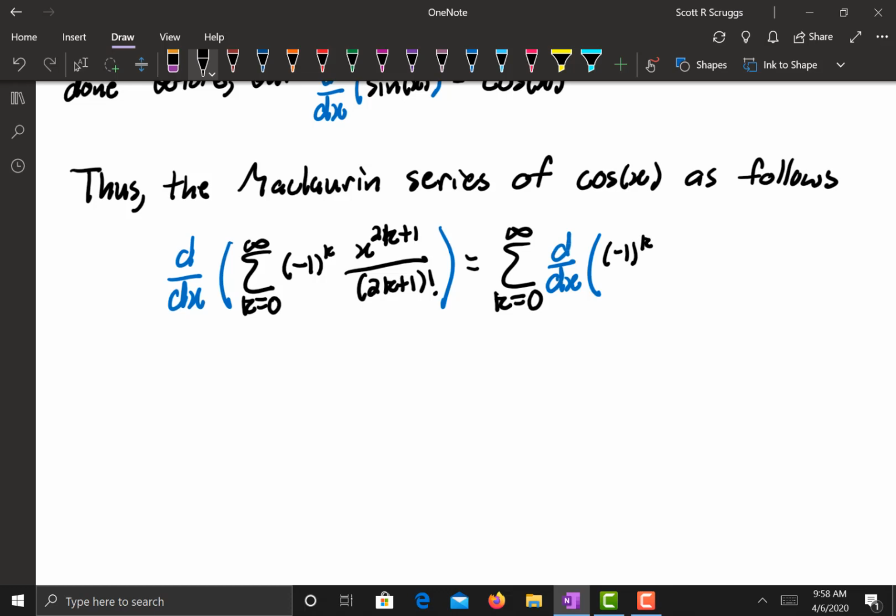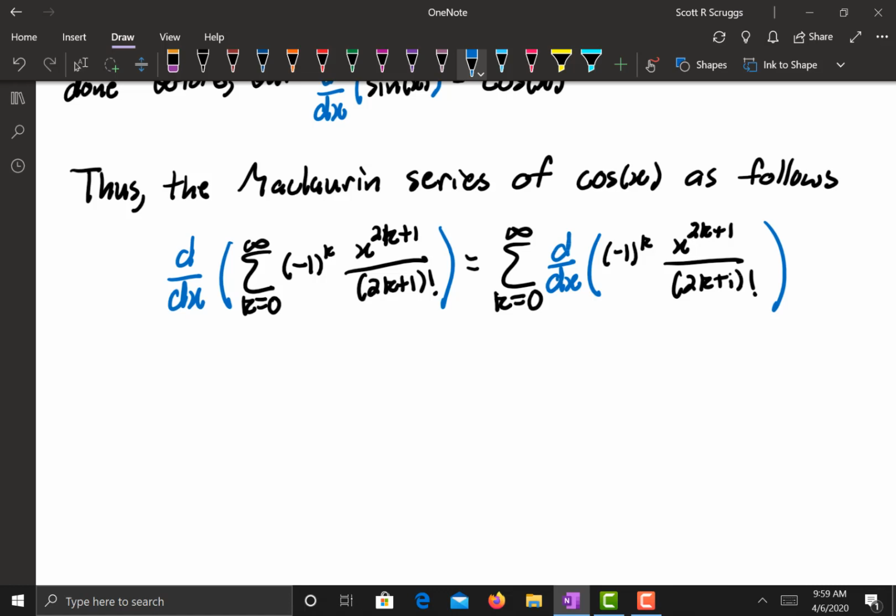So negative 1 to the kth power, x to the 2k plus 1 over 2k plus 1 factorial. And this makes it work a lot easier.